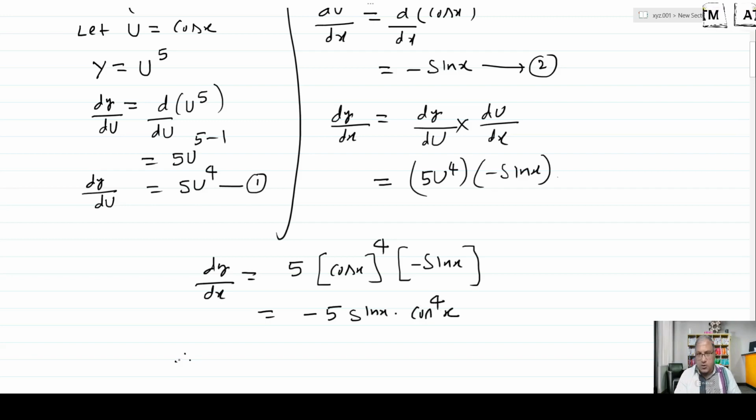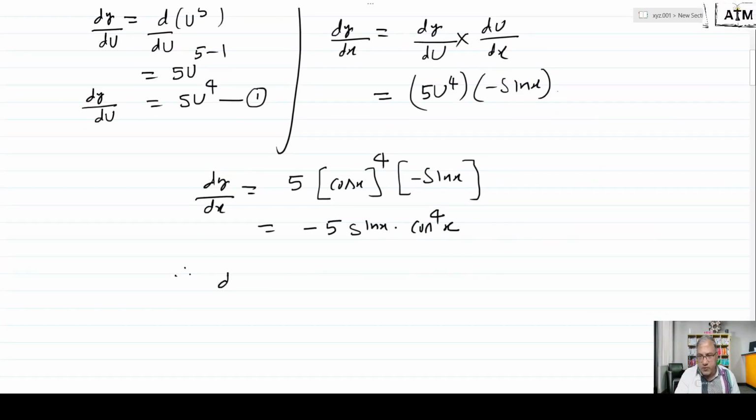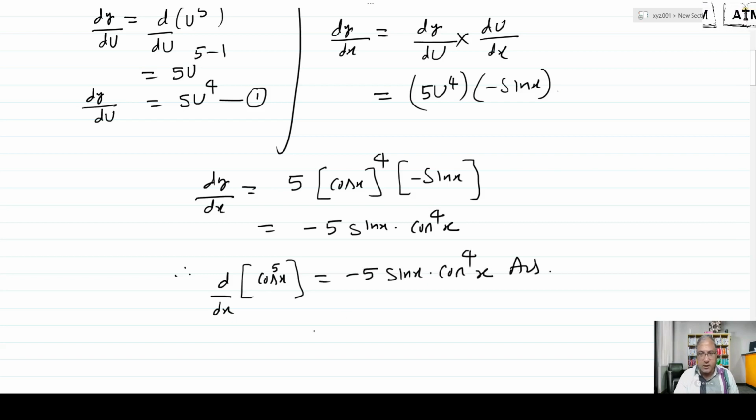Therefore, differentiation of cos raised to 5x with respect to x is nothing but minus 5 sin x and cos raised to 4x. This is the required result.